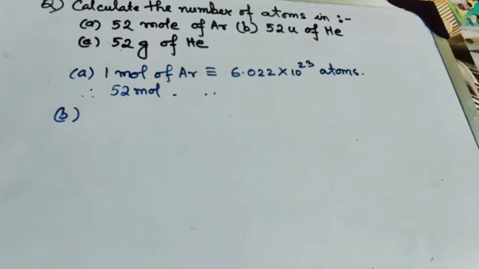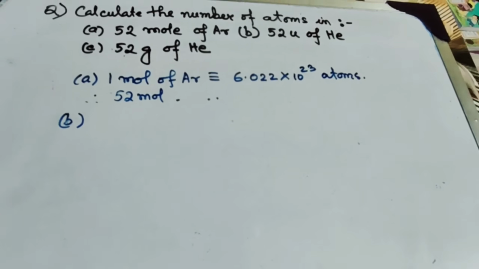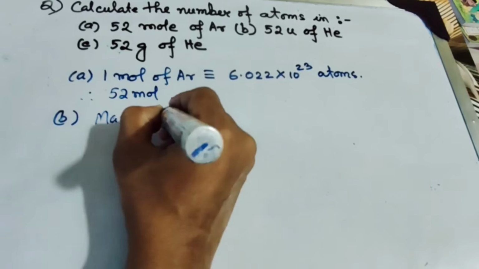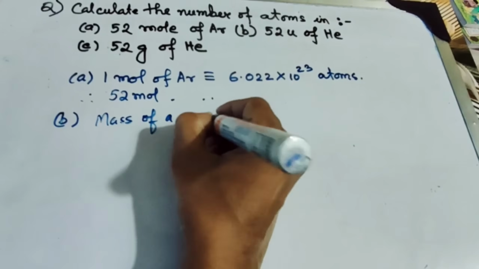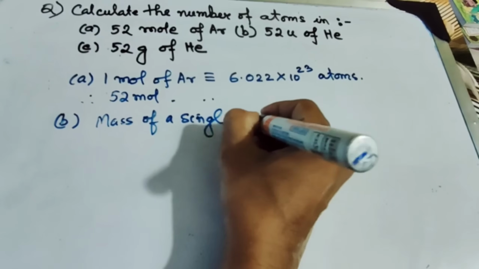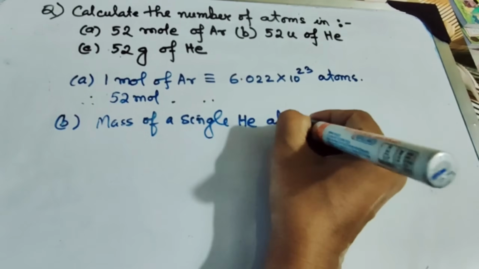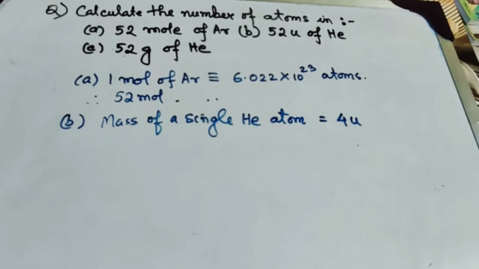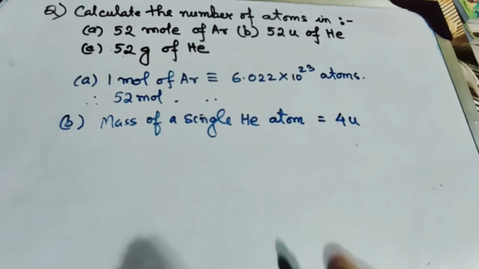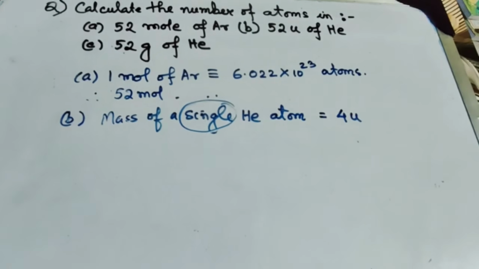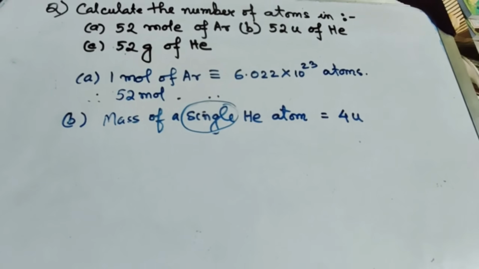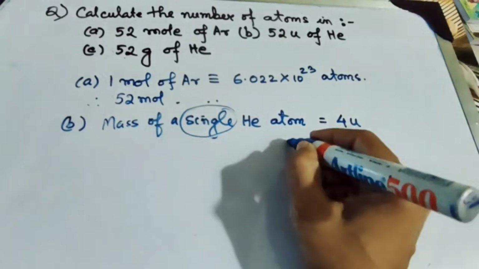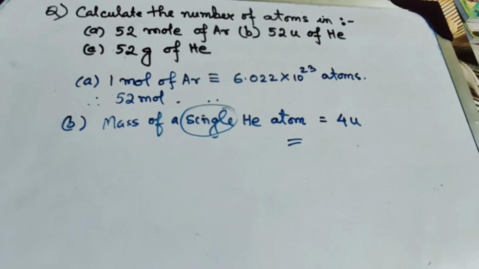So as per the atomic mass unit, the mass of a single helium atom is actually equal to 4 U. So if I know that it is of a single helium atom, then 52 U corresponds to how many atoms? And I think we all can do this.